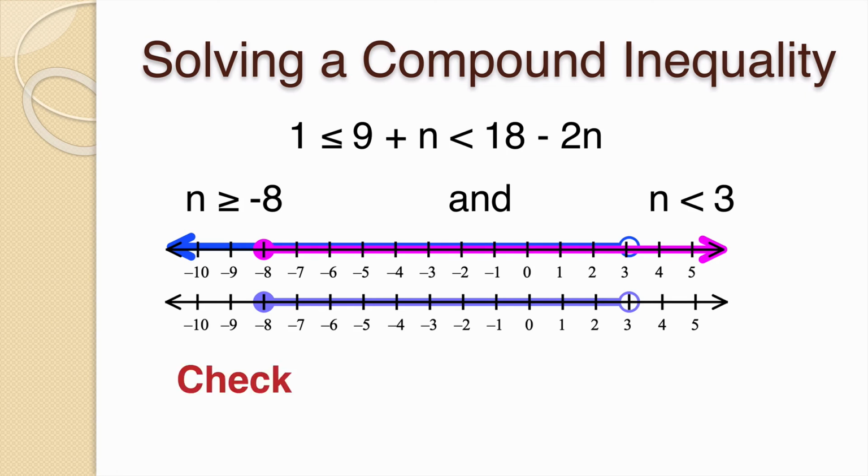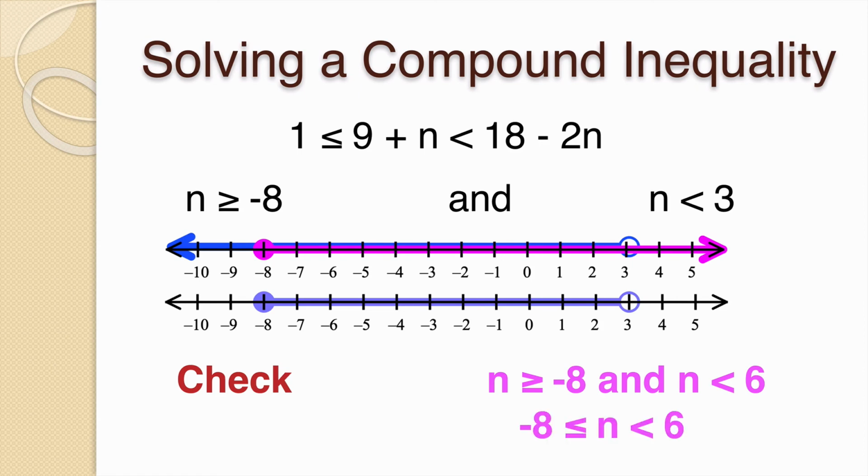And checking it means putting values in and making sure the original inequality is true. And then finally, make sure you write your solution for the reader. Don't make them guess. In this case, I wrote n greater than or equal to negative 8 and n is less than 6. I could also put that back in combined form and write negative 8 is less than or equal to n is less than 6.